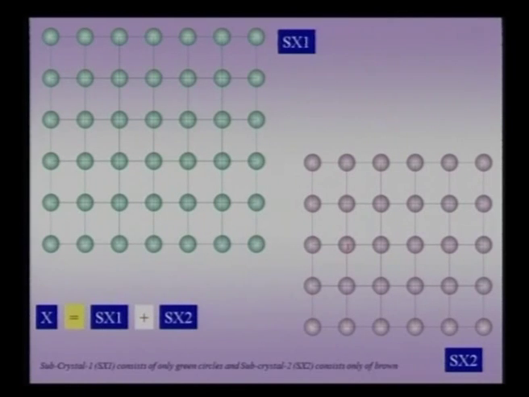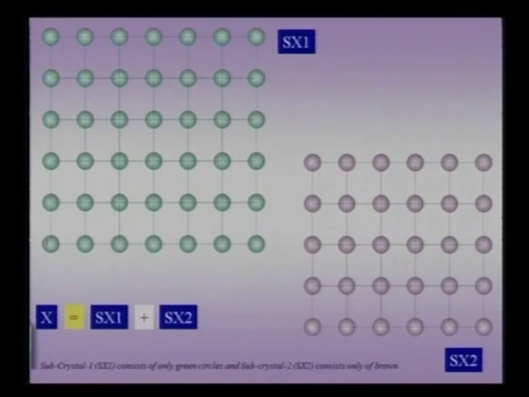Then I split this supercrystal, if you wish to call it that, into two subcrystals, subcrystal 1 and subcrystal 2. You can clearly see that subcrystal 1 is fully decorated with a single circle motif, and this subcrystal 1 can itself be thought of as an independent crystal, wherein you have a square lattice, or in this particular example a rectangular lattice, decorated with a green circle.